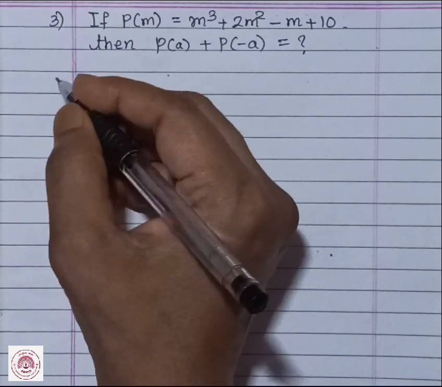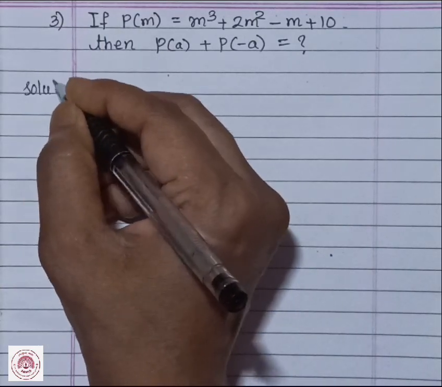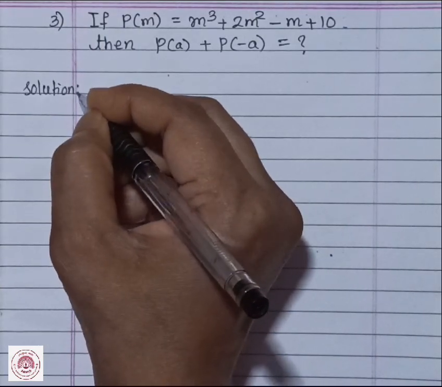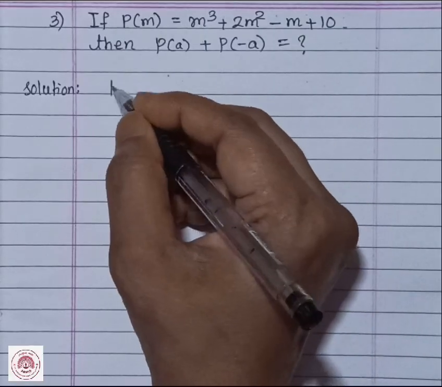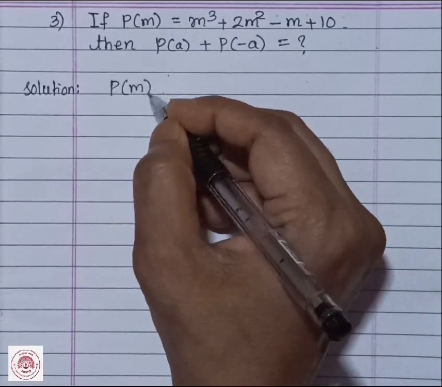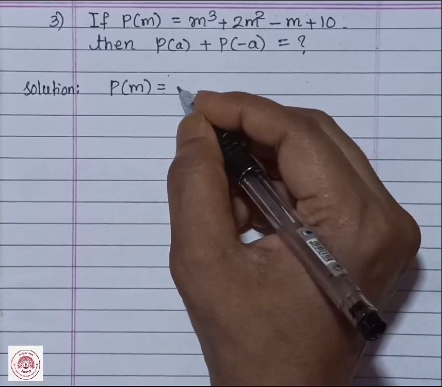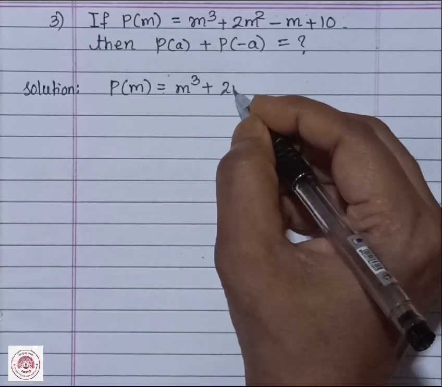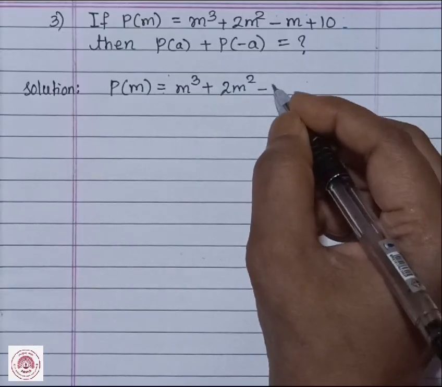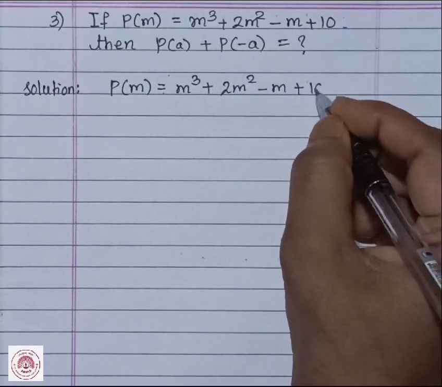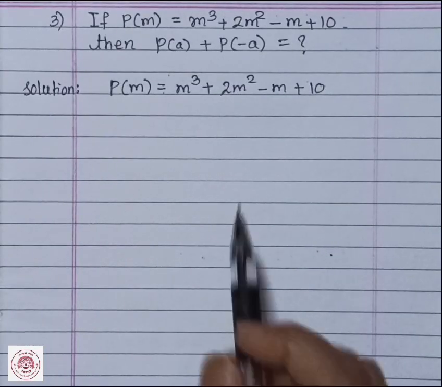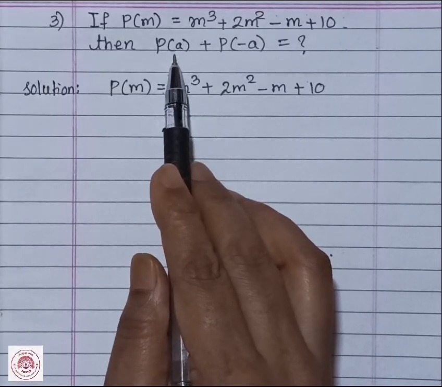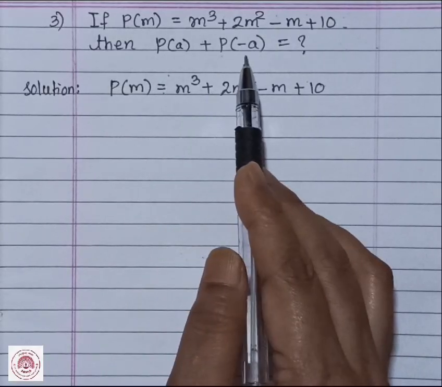Solution. Now here the polynomial is P of m equals m cube plus 2m square minus m plus 10. Okay, so here we have to find P of a as well as P of negative a.